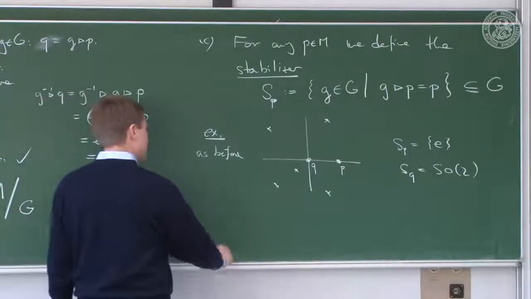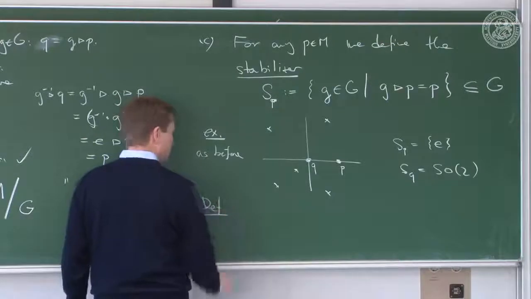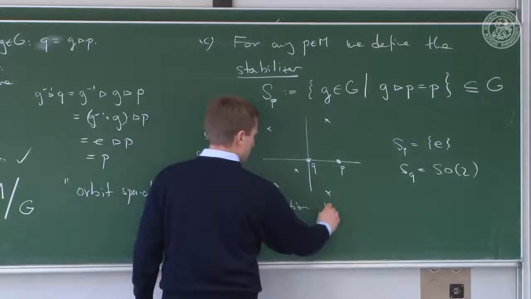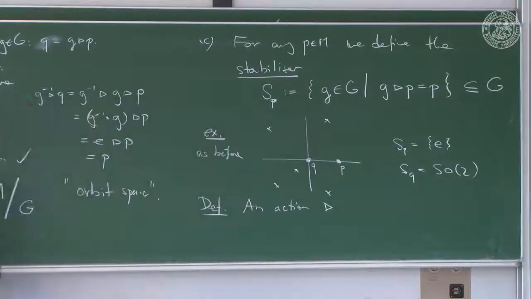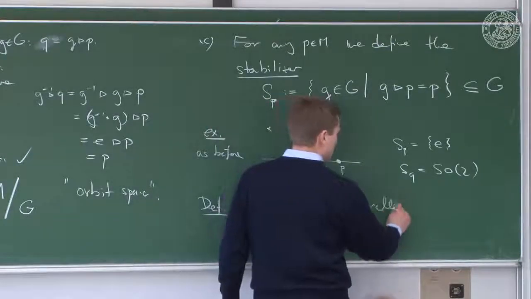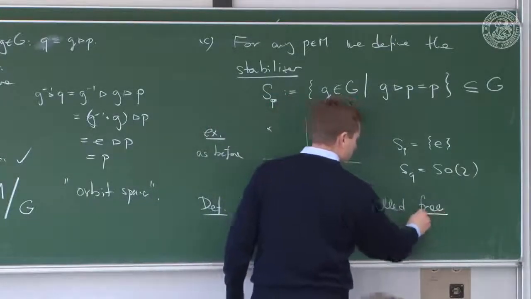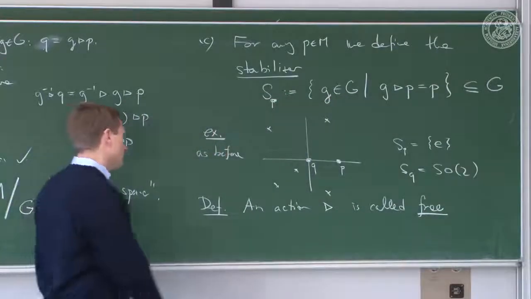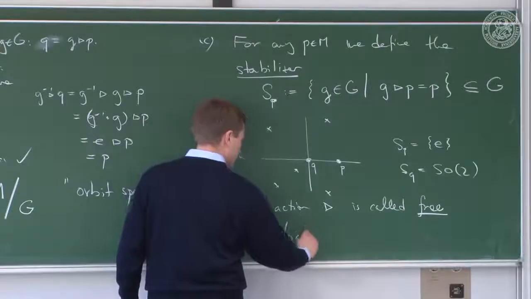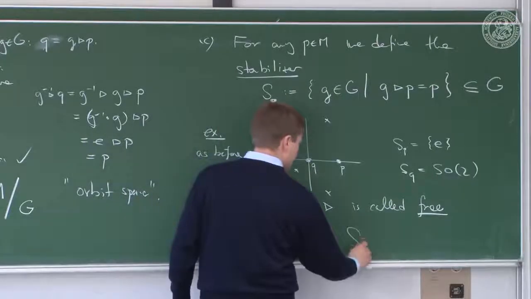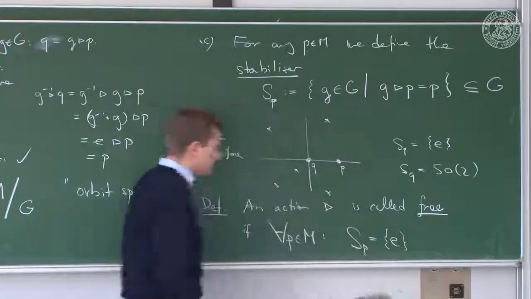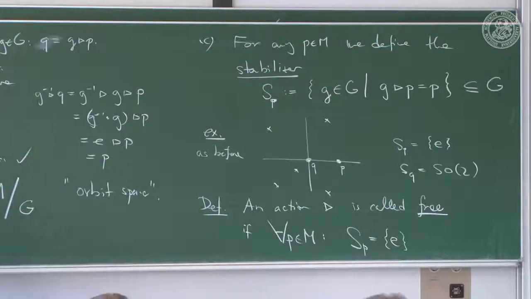Okay, so that gives rise to a definition. An action, let's say this left action, but obviously you can do this for the right actions too. An action is called free, it's a free action, if separately for every point the stabilizer at that point just consists of the identity.